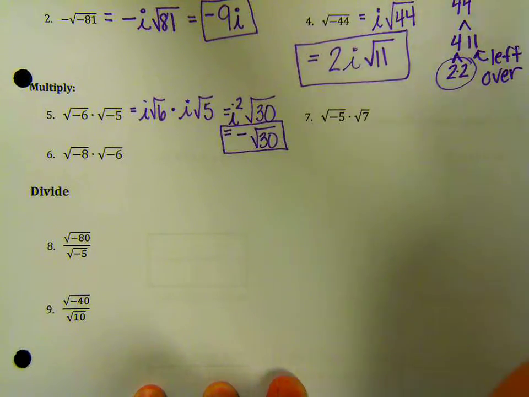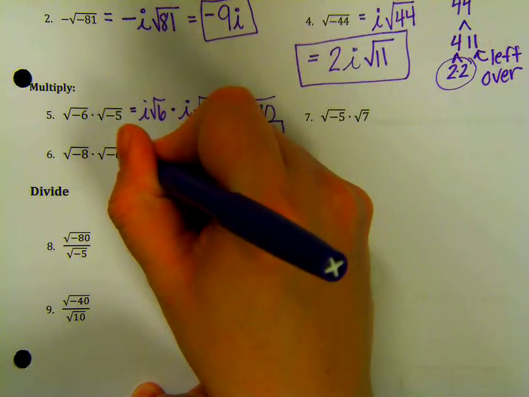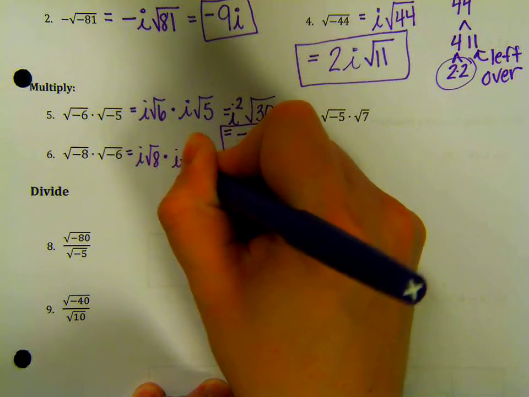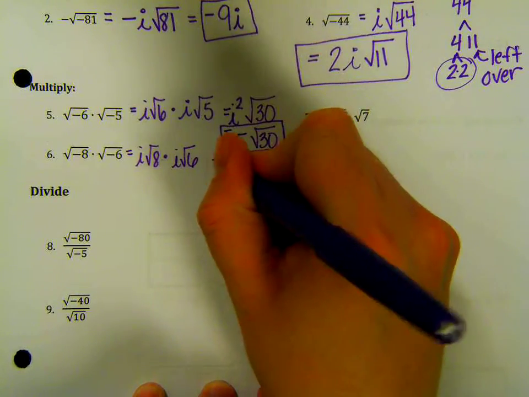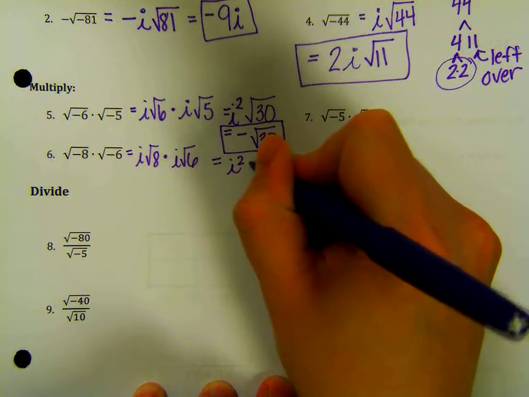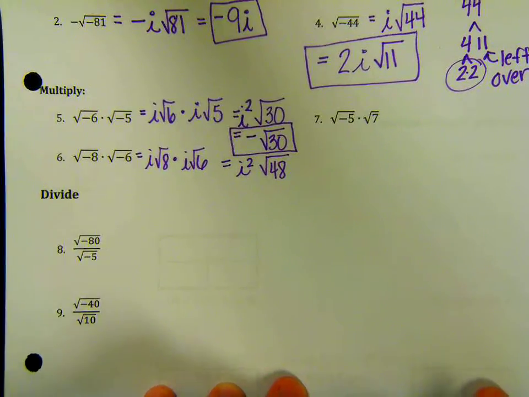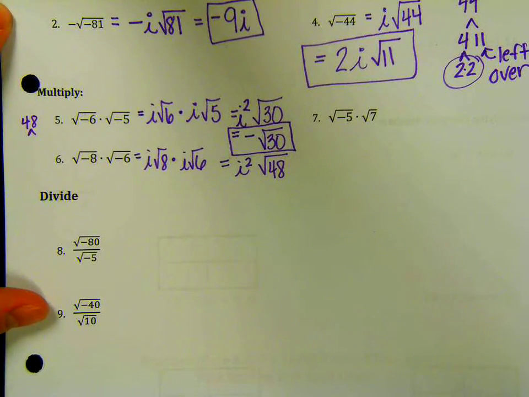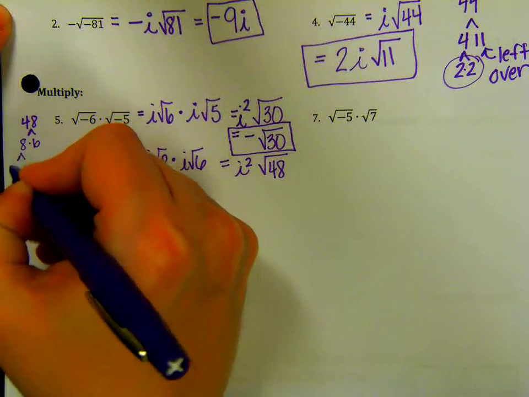So you start off, we'll have i root 8 times i root 6 gives us i squared square root of 48. And then off to the left hand side, I'm going to make my factor tree for 48. You can split it back up into 8 and 6 if you want to. And then we have 4 and 2, 2 and 2, 2 and 3.